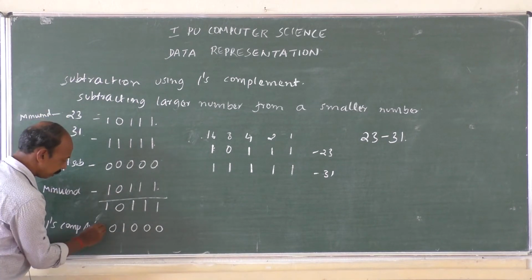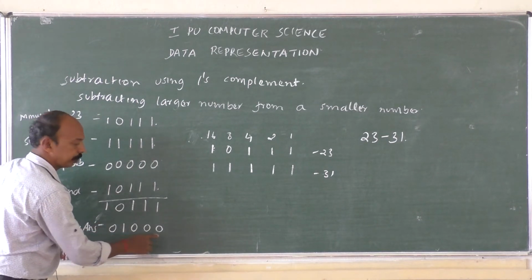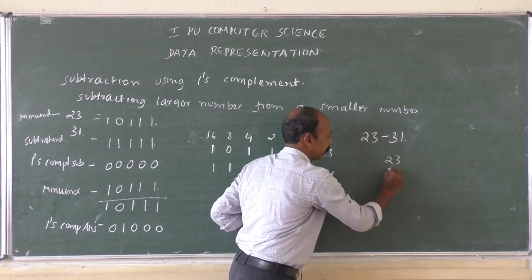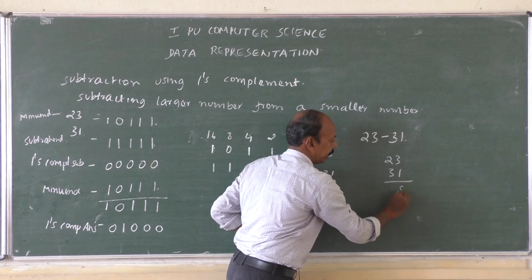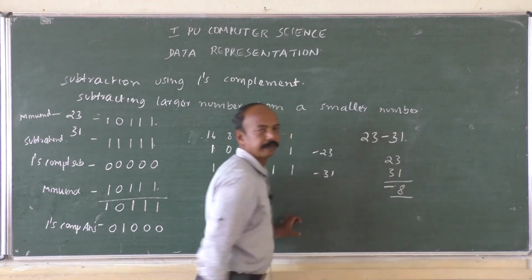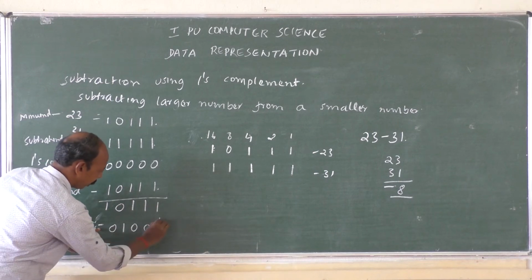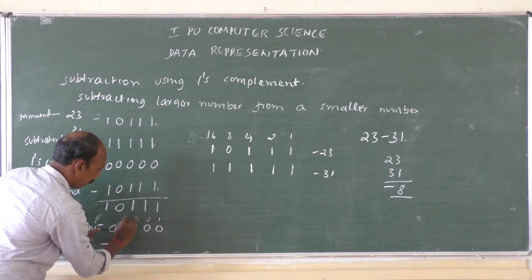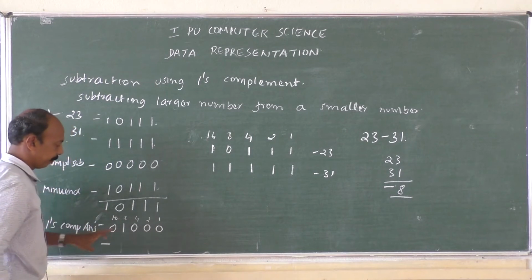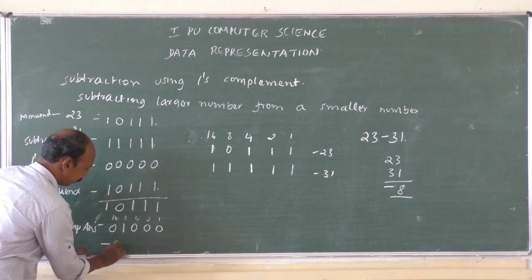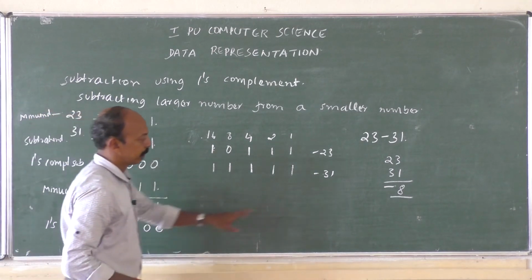So minus 0, 1, 0, 0, 0. 23 minus 31 is minus 8. Already we have that minus here. This is 1, 2, 4, 8 and 16. Under 8 the bit is set, so it is minus 8. The answer is right.